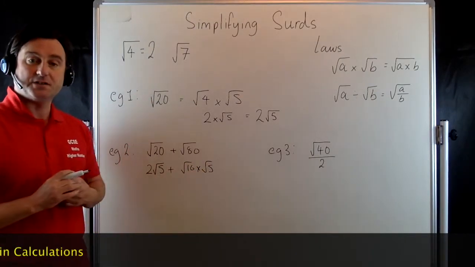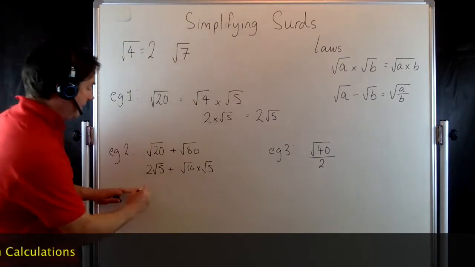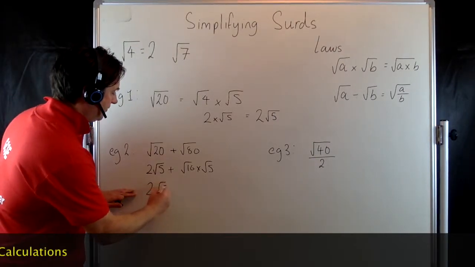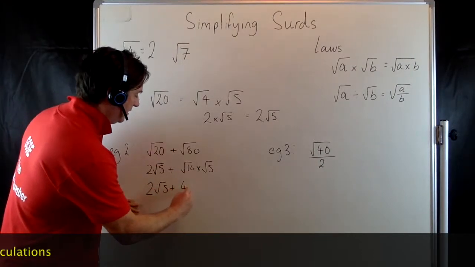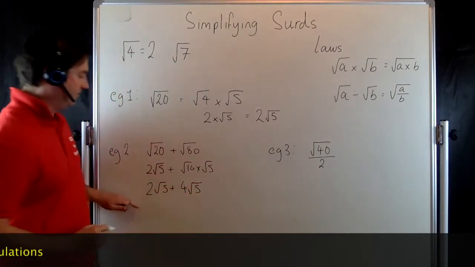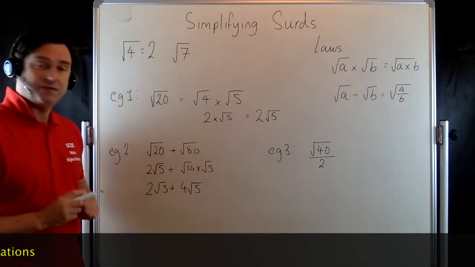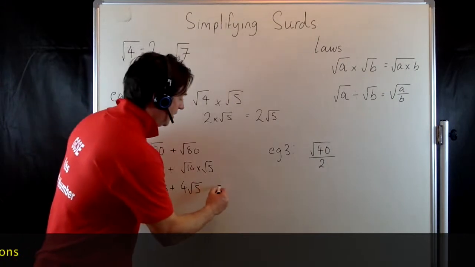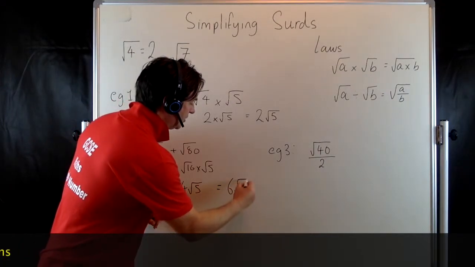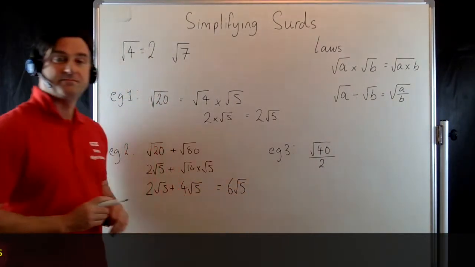And 16 is a square number. So this now becomes 2 root 5 plus root 16 is 4. So I get 2 root 5 plus 4 root 5, which I can add together, and that's going to give me an answer of 6 root 5.